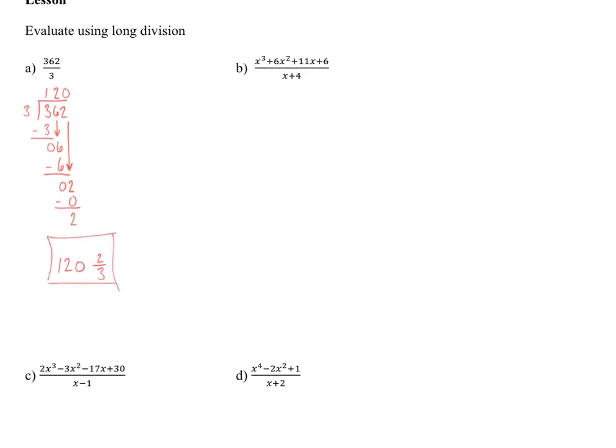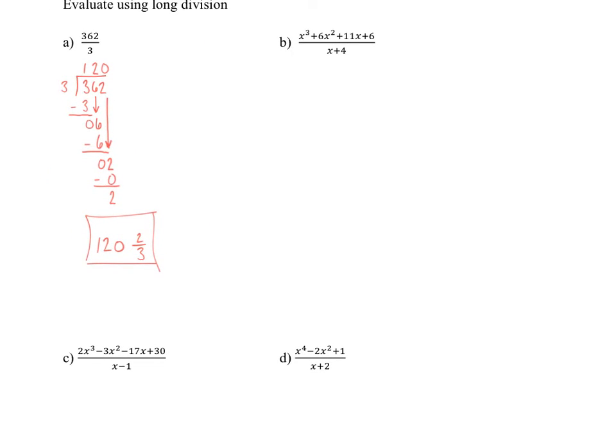B. Now we're going to take everything we did in A and apply it to B. So in B, I have x cubed plus 6x squared plus 11x plus 6, and all of that is being divided by x plus 4. All right, this is going to be a little tricky, so pay attention.